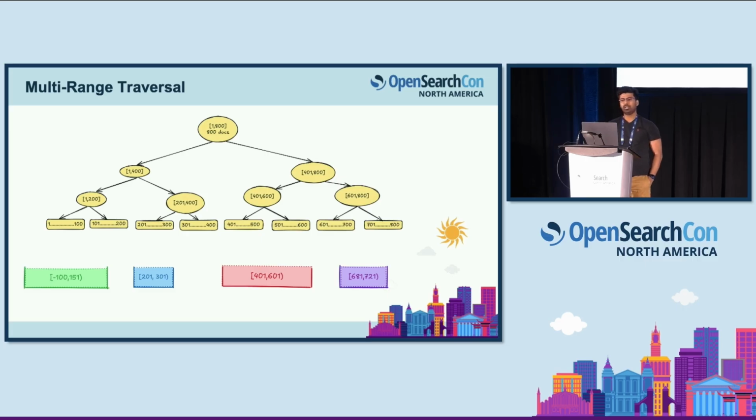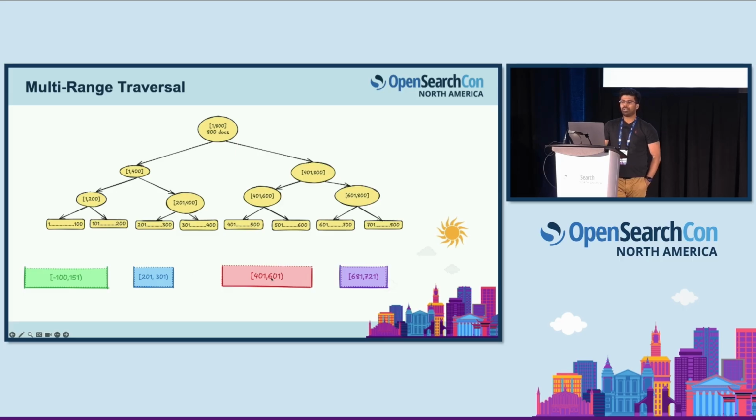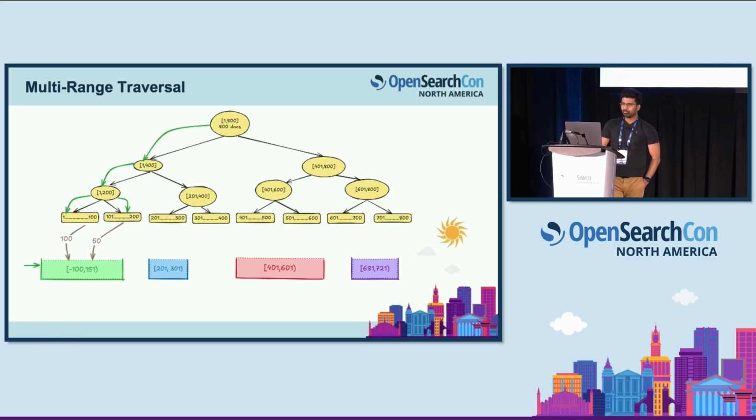For example, if we assume that we have 4 buckets that we want to collect the data for, and we have the same BKD as we had earlier, our execution flow will look something like this.